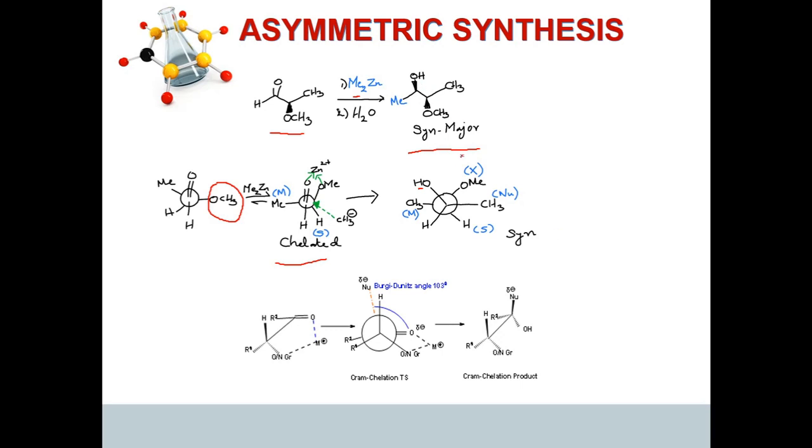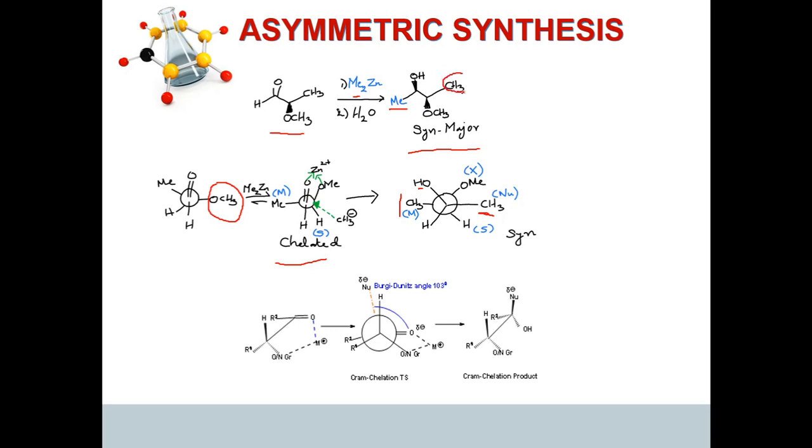Now how to correlate these two structures? You can see here I have my methyl group, that is my nucleophile, and my medium size group, and the attack has taken place from this side.